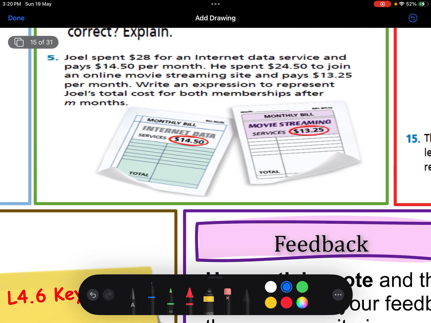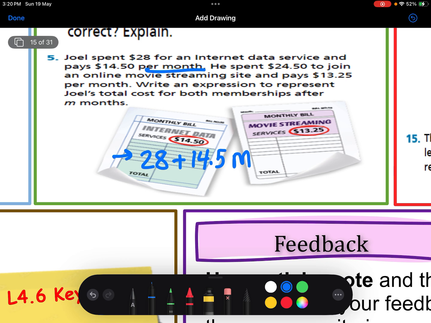Okay, let's start writing the expression of each membership. For the internet data, she spends $28 for an internet data service, and she pays 14.50 per month. So she pays 14.5 per month, means for each month.